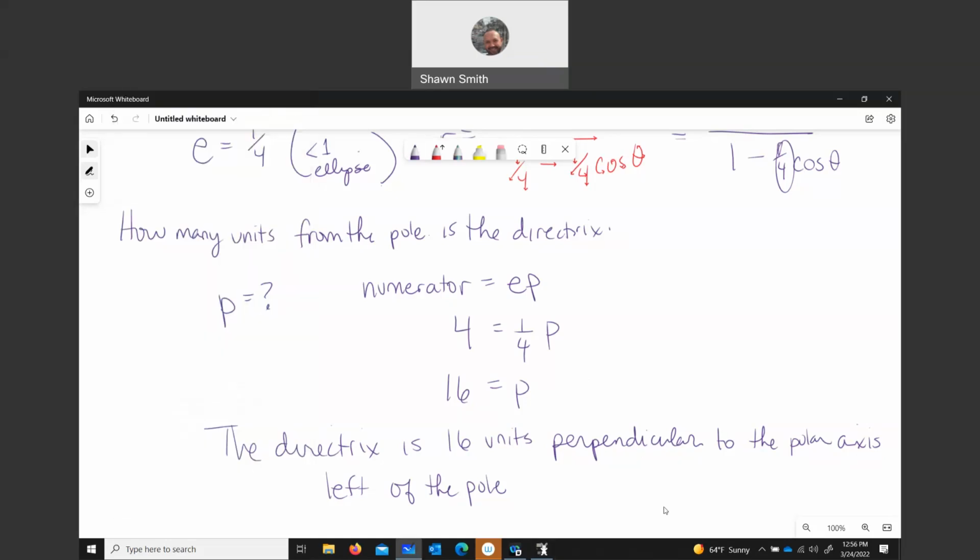So a lot of this section is not going to be a whole lot of actually arithmetic because they'll give you the equation. Just got to alter it slightly just to get it in that format. And then it's just really looking at it and saying, okay, here's your e, here's your ep. That tells me the direction where the directrix is. Perpendicular, perhaps parallel, up above, or below, or left, or right.